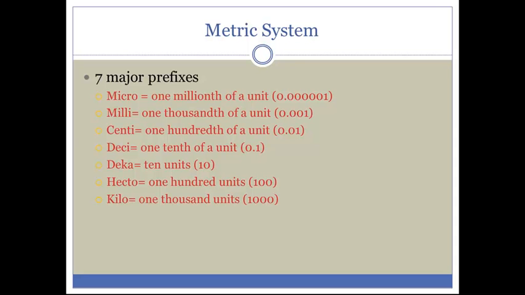So the 7 major prefixes for the metric system, we have micro, milli, centi, deci, deca, hecto, and kilo. You will want to pay particular attention. I would say the ones that we use the most are micro, milli, and kilo.